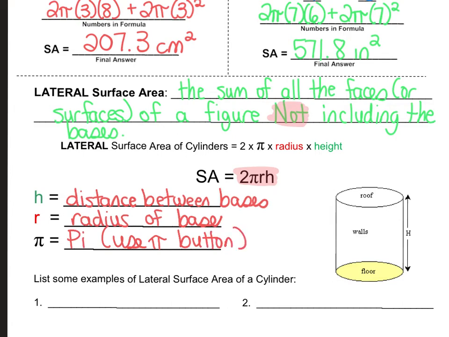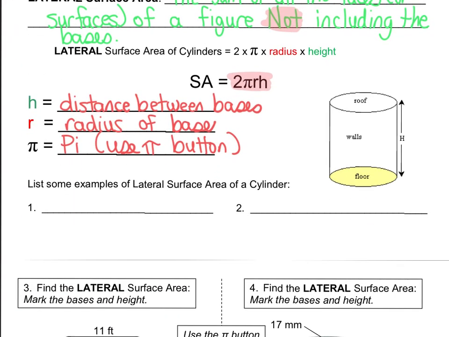All right, so when would we use lateral surface area per cylinder in real life? I'd say there are lots of ways. If you think about a soup can, the label on the can goes around the sides of it, but not on the top or bottom. So labels on cans are an example of lateral surface area.